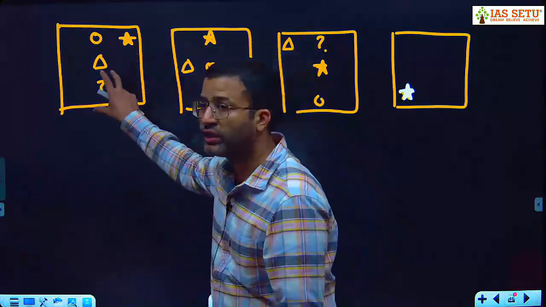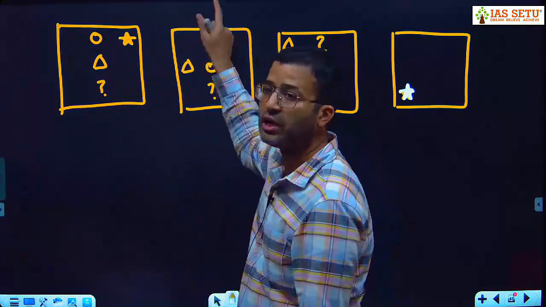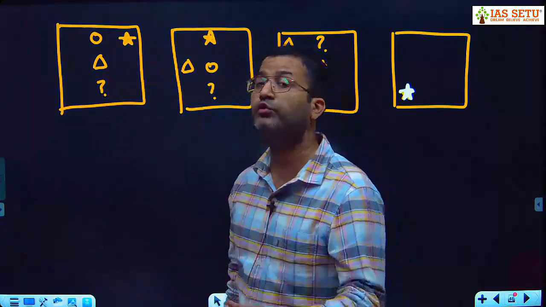Similarly here, don't compare the first figure with the second figure. You compare the star of the first figure with the star of the second figure. Then only will you be able to conclude the answer.